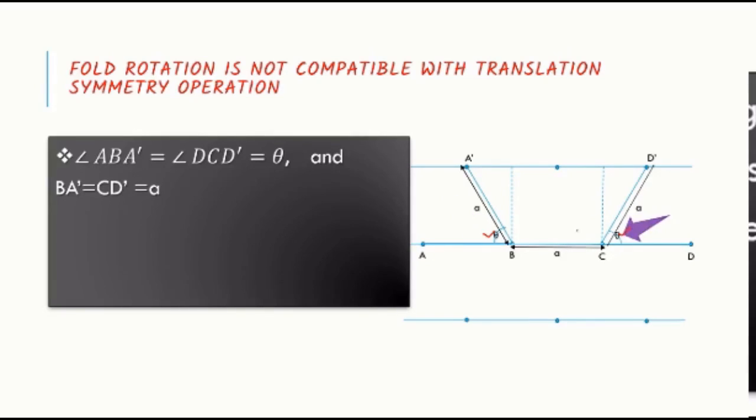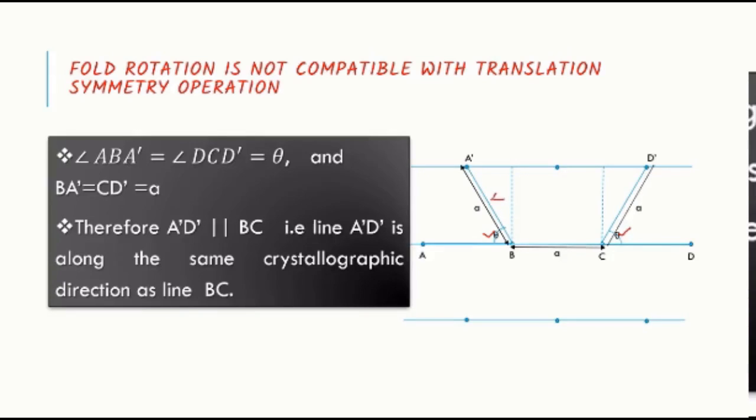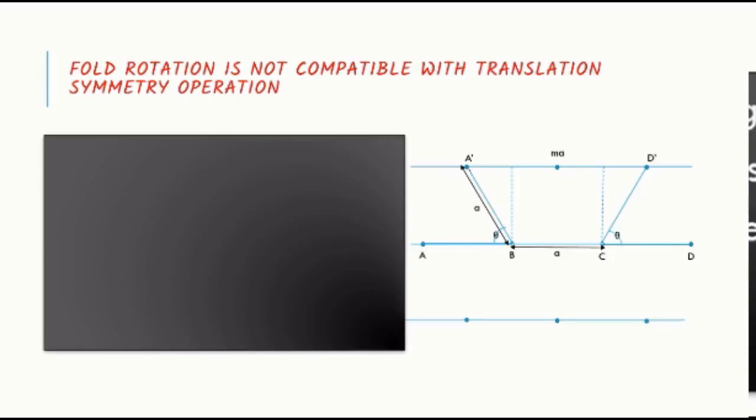Also, the lengths BA prime and CD prime are equal, as both the points A just next to B and D just next to C are at the same distance from their respective neighboring points B and C. Therefore, B, C, D prime and A prime are corner points of a trapezium having side A prime D prime parallel to BC.